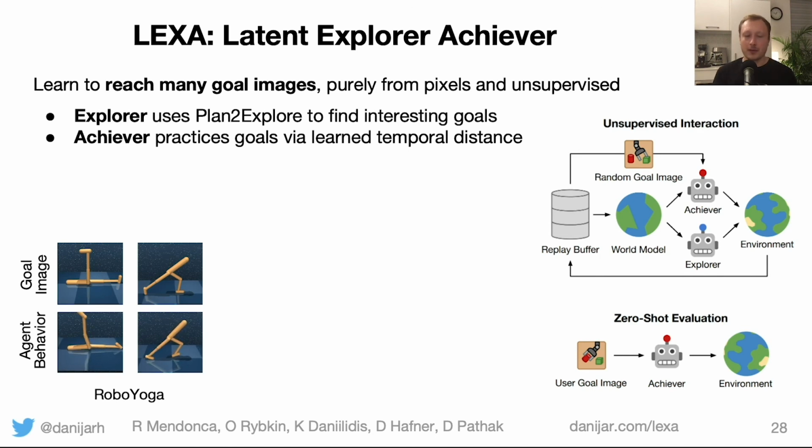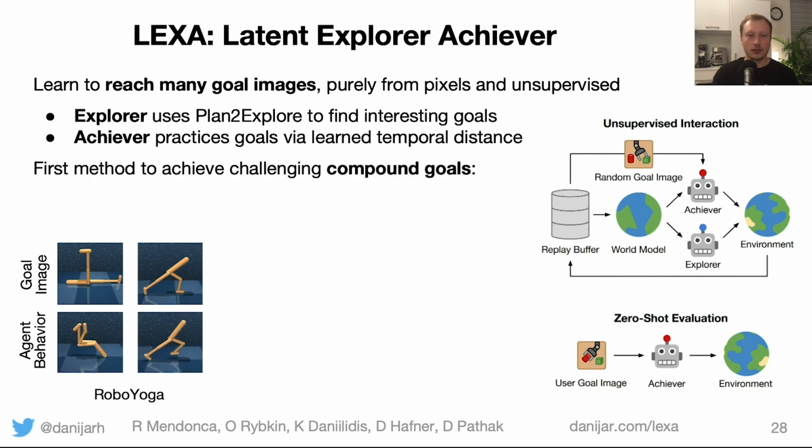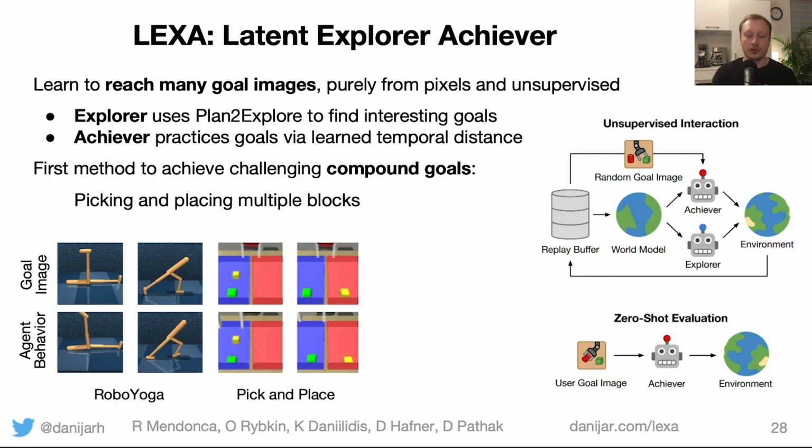We introduce a benchmark of 44 goal images for unsupervised goal-conditioned reinforcement learning from pixels. Here we can see the Robo-Yoga benchmark, where the goal image and the agent behavior is shown. Moreover, LEXA can achieve challenging compound goals that require multiple actions to be performed.